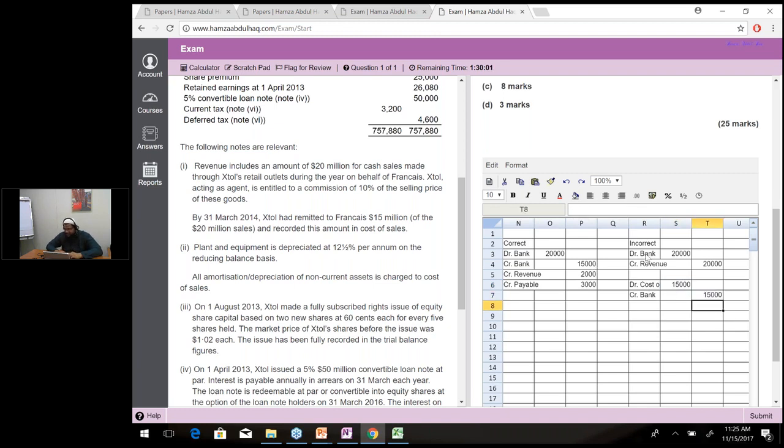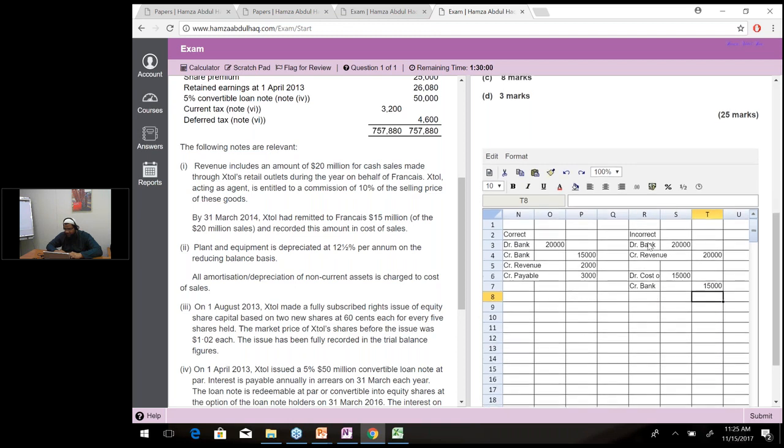So now these are the entries which have been recorded, and these are the entries that should have been recorded. So the bank has been correctly recorded by the question. Bank debit 20, bank credit 15.